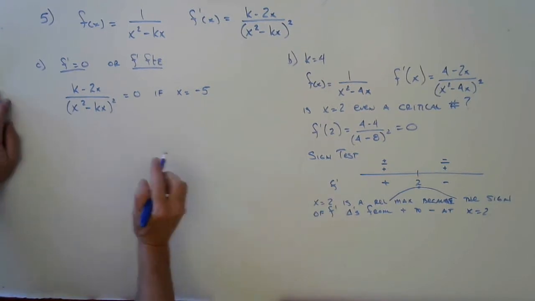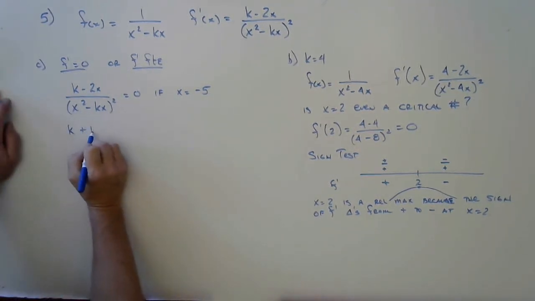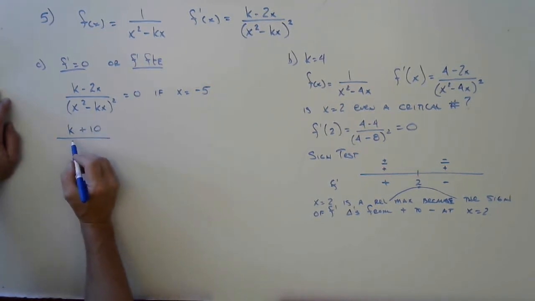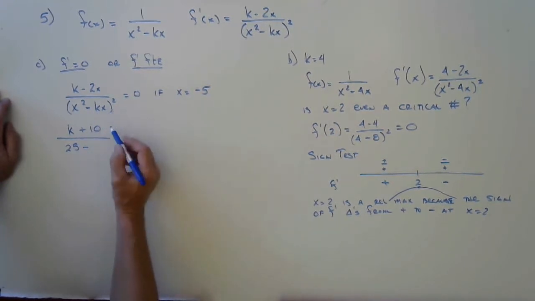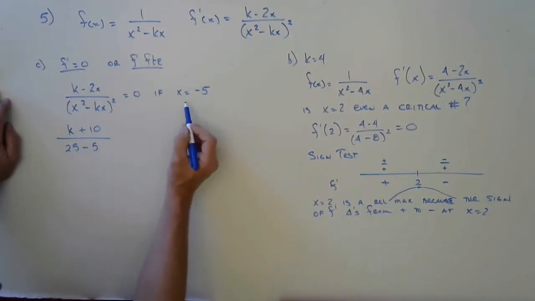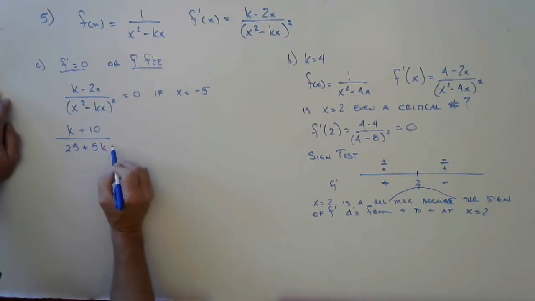Now, let's put in negative 5, and we get what? We get k plus 10, right? Now, this is going to be 25, right, minus k times 5. x is negative 5, so that makes this minus k minus, that's plus 5k, squared.